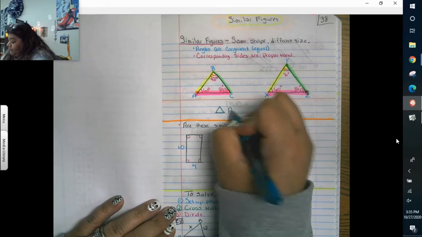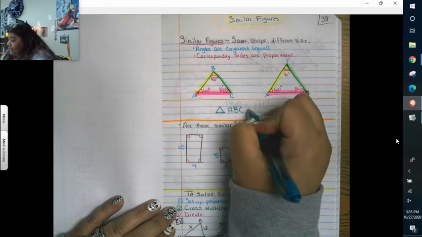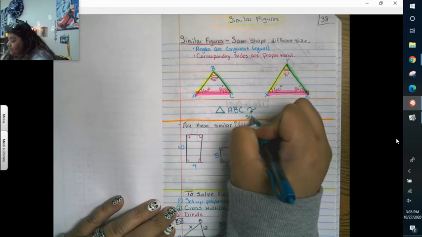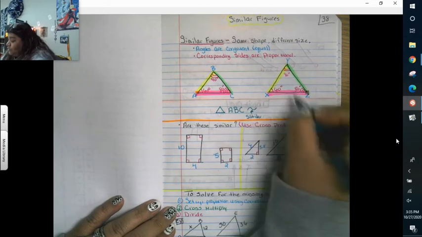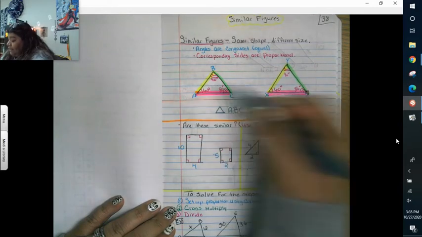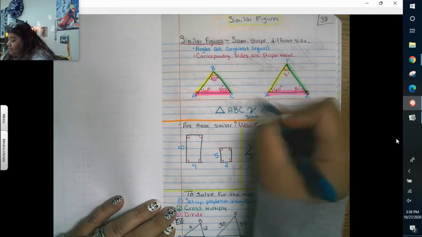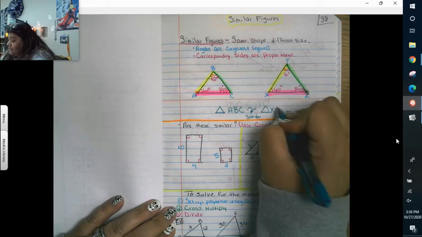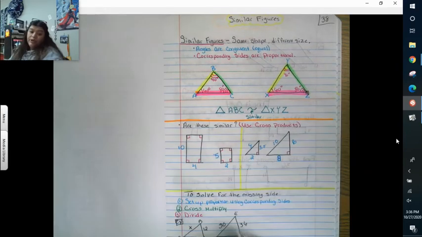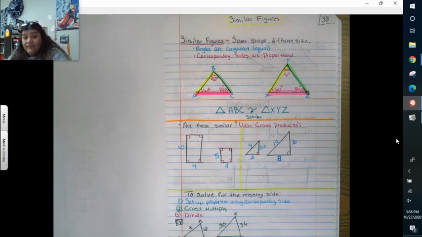ABC is similar, that is the symbol for similar, to triangle. Now, since I said A, X has to go first. B was next, Y is next. C is last, Z is last. So the order you put them in really does matter, okay? And the order the tests give it to you will help you out a lot. Just watch, okay?